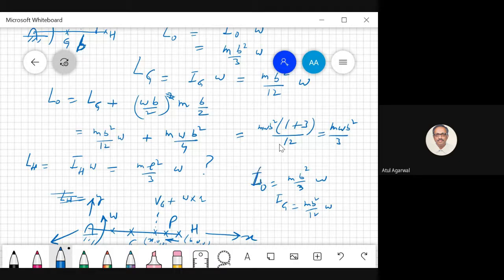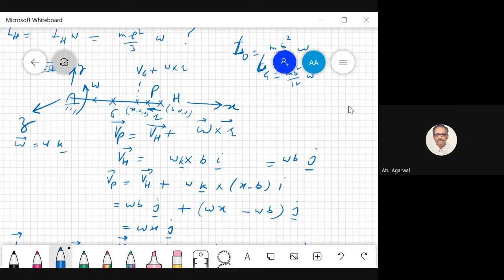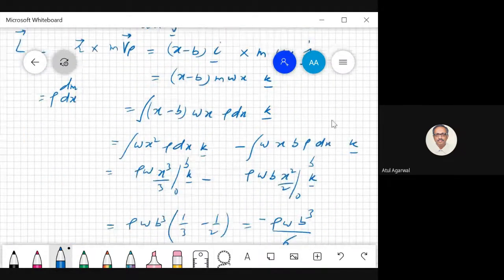LG, angular momentum. And at the last point, it is rho b is m, minus m omega b square by 6.